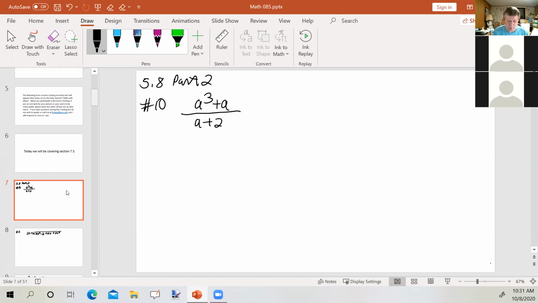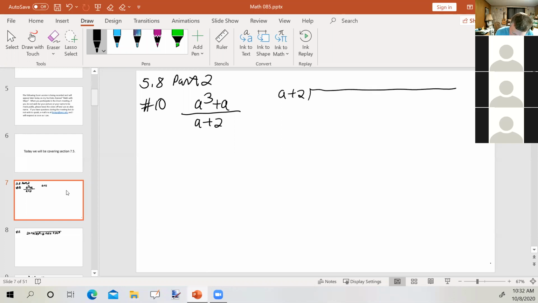All right, can everybody see problem number 10 from part 2 of 5.8? Yep. Thank you. Here we go. So we have a polynomial divided by a polynomial. On the outside, I'm going to put a plus 2.